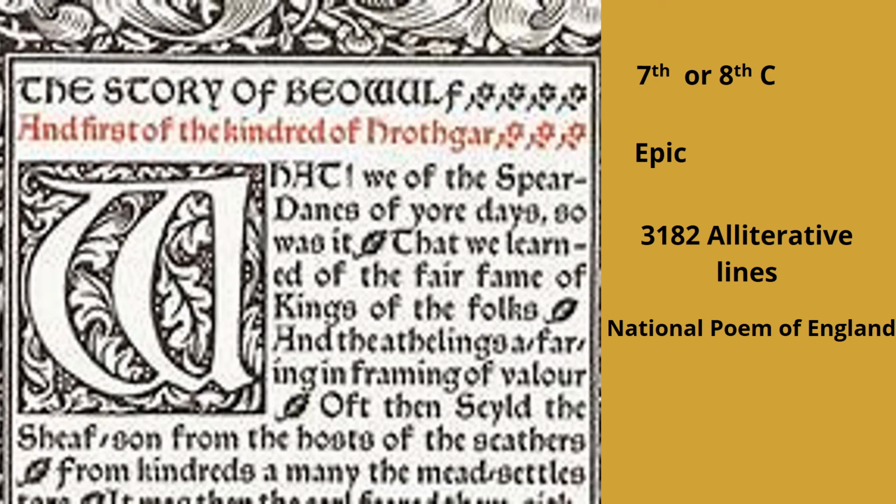And as I told you that Anglo-Saxon poetry was written in alliterative lines, this poem had 3,182 alliterative lines. An interesting fact is that Beowulf is considered to be the national poem of England.